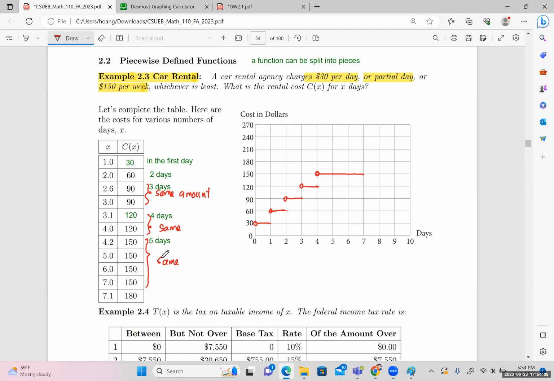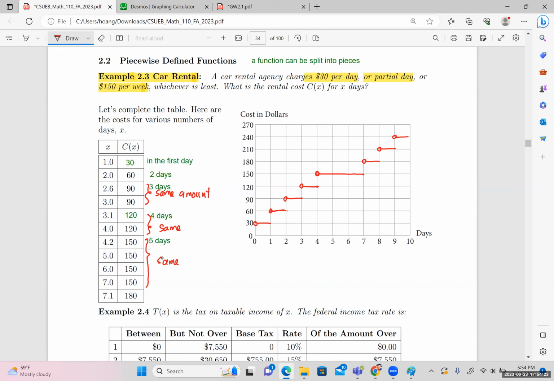And I keep going to the next level after the 7th day, the 8th day, the 9th day.